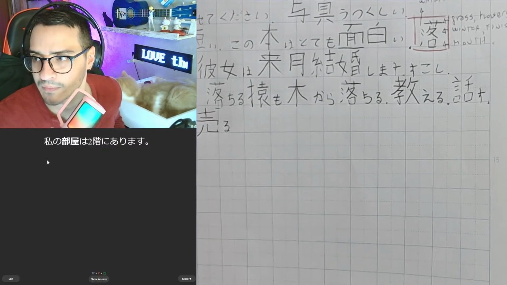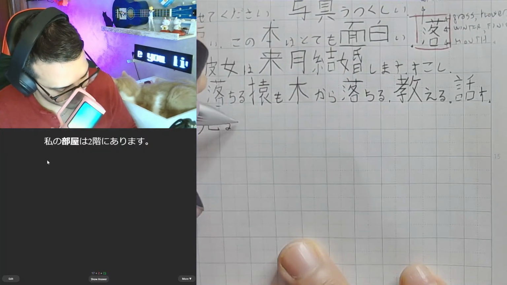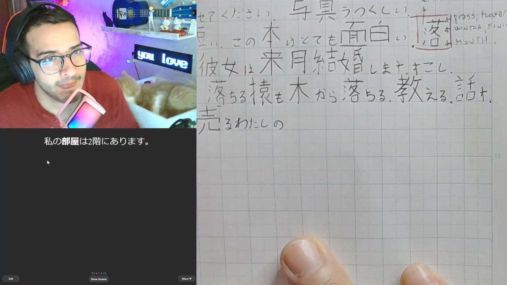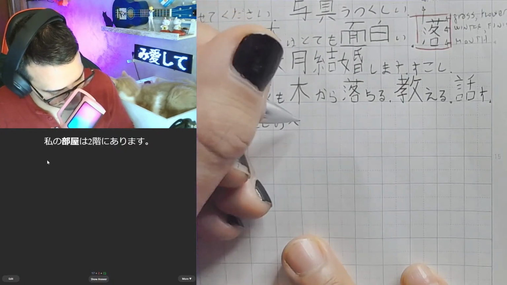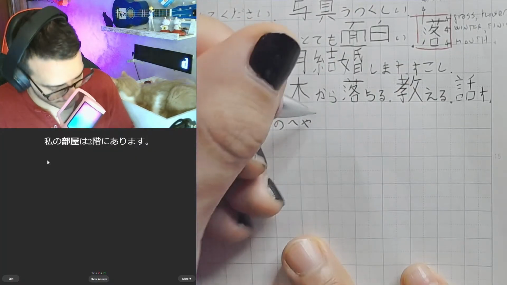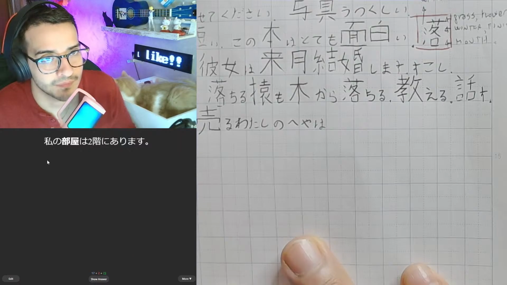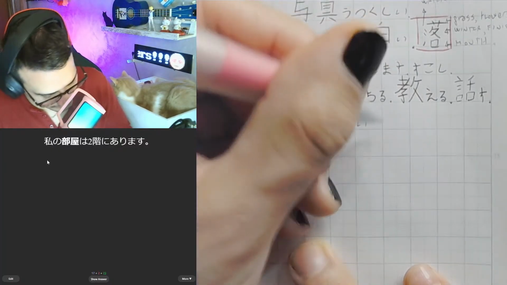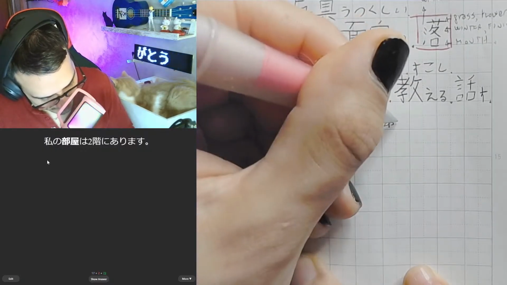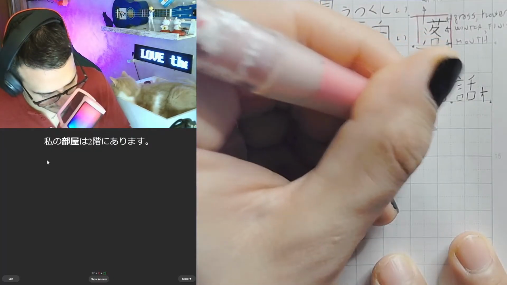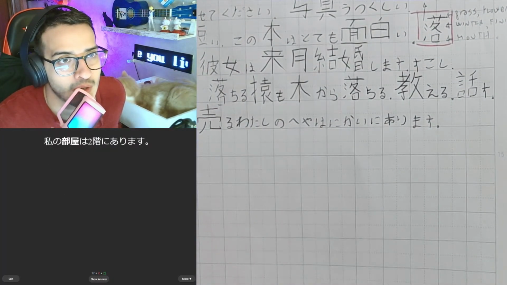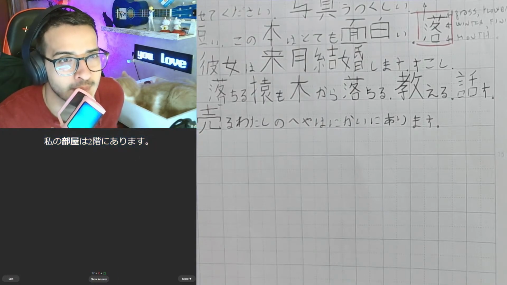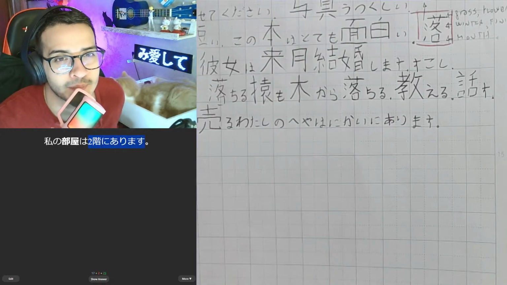Okay, some reading here for you. Okay, let's read together. 私の部屋は2階にあります。Meaning, my room is on the second floor.